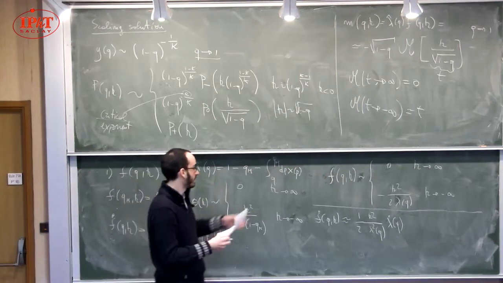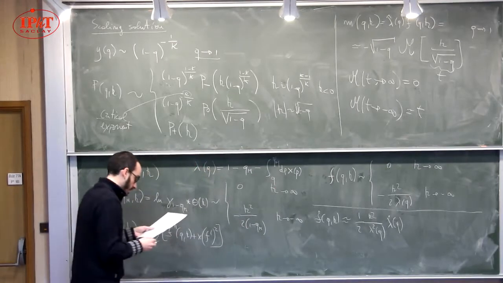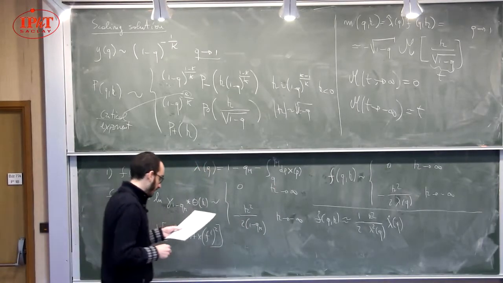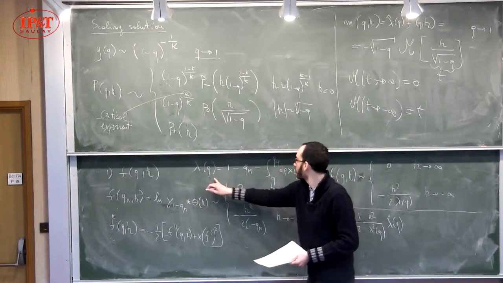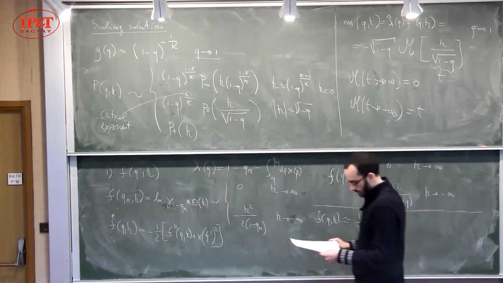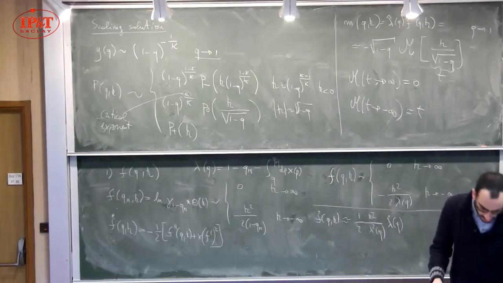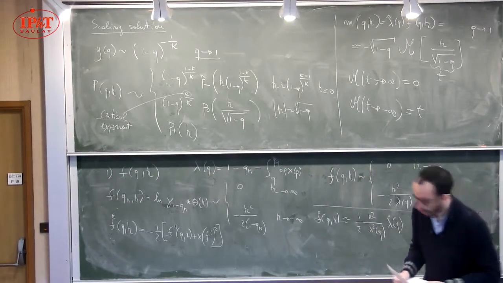Okay, so it's just a simple change of variables. So this is when you take the derivative with respect to q. Maybe there is a plus. Sorry. Yes, sorry.